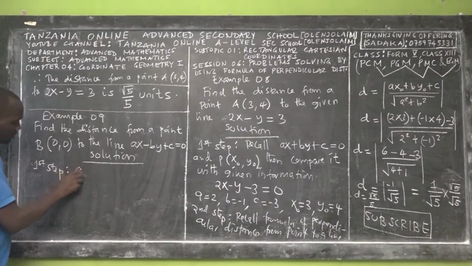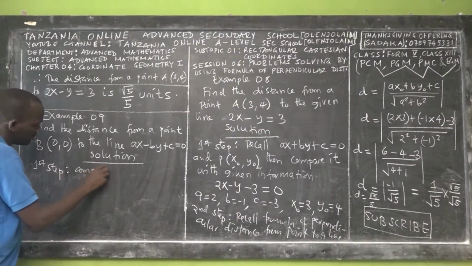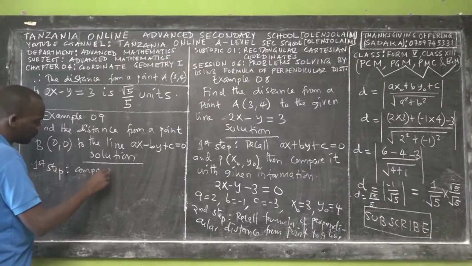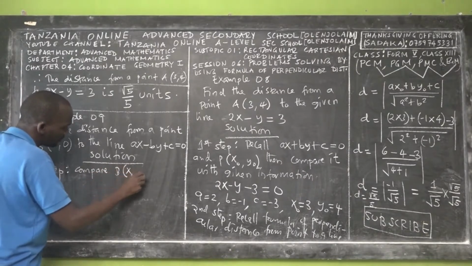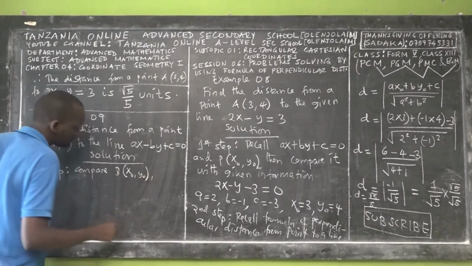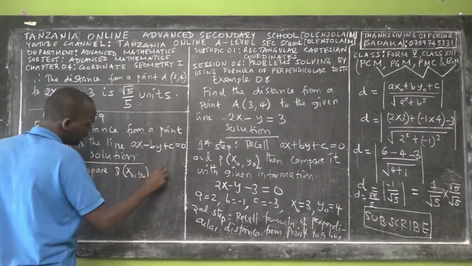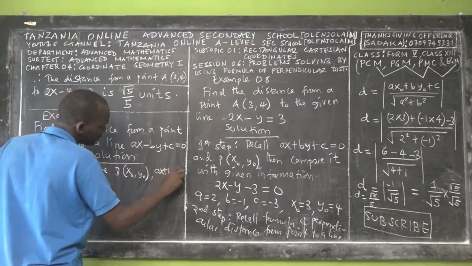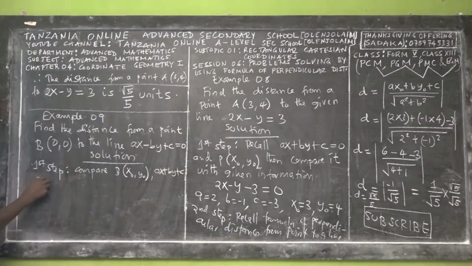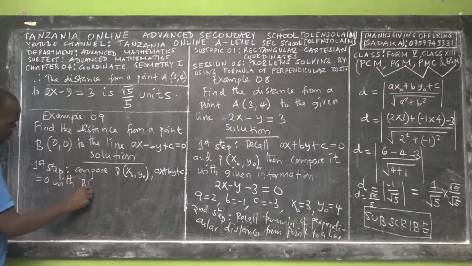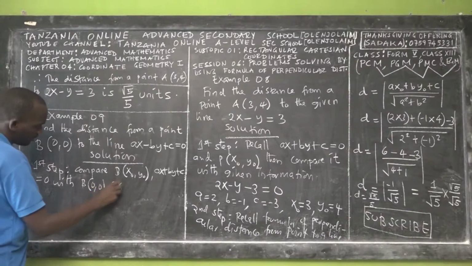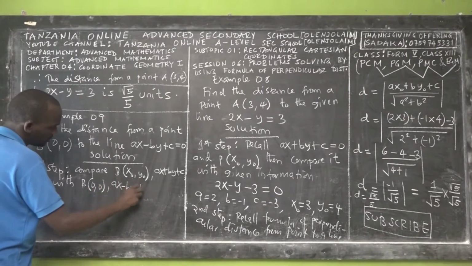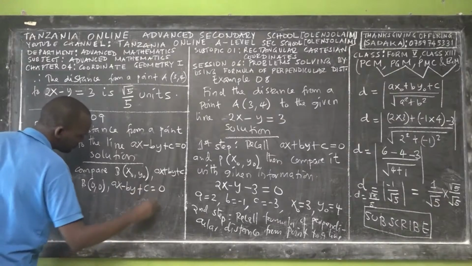First step, compare the point B, which is (x naught, y naught), and the line Ax plus By plus C is equal to 0, with point B (0, 0) and the line Ax minus By plus C is equal to 0.